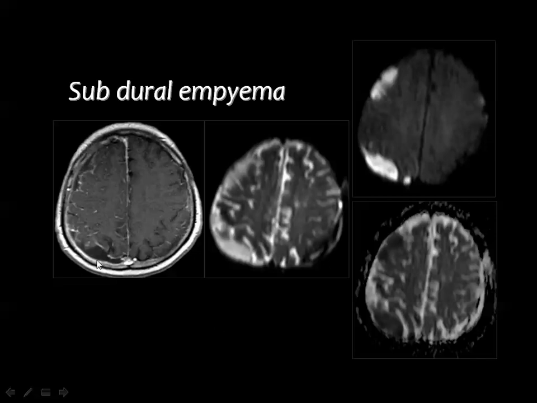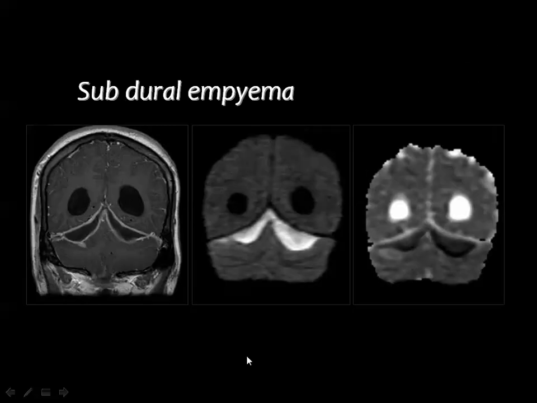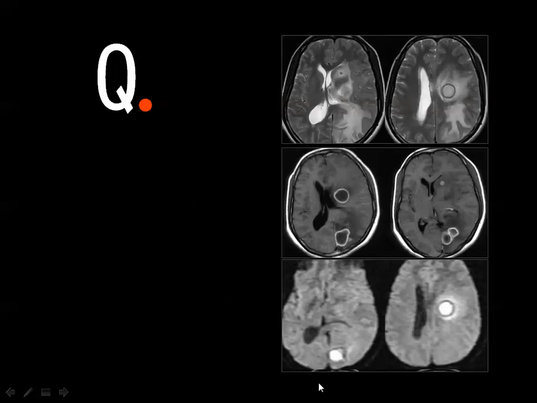Another example of subdural empyema, contrast enhanced T1 weighted image, T2 weighted image, DWI bright signal, ADC low signal, meaning that there is diffusion restriction. A fourth example of subdural empyema in the tentorium, T1 weighted image coronal post contrast with marginal enhancement, and here you see bright signal, low signal in the ADC, meaning that you have restricted diffusion.